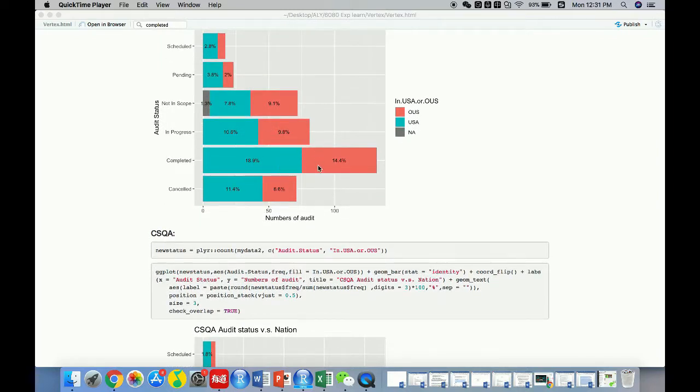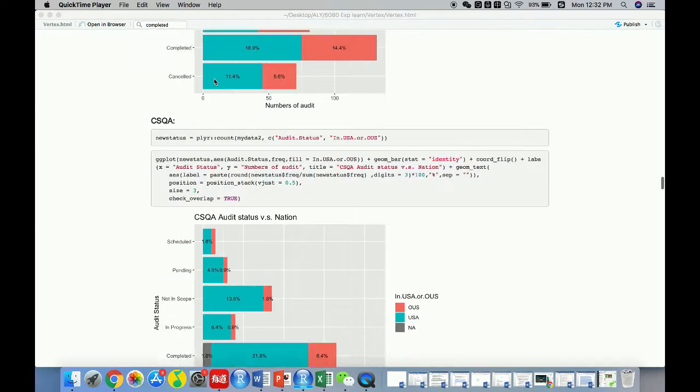What we can get from this graph is that the completion rate is about 33%, the cancellation rate is about 18%, and the progressing rate is about 20%. The not in scope rate is about 18%, and the pending rate is about 6%.